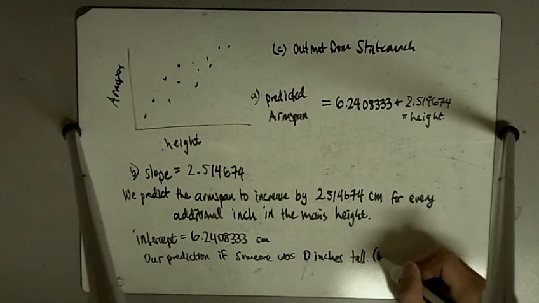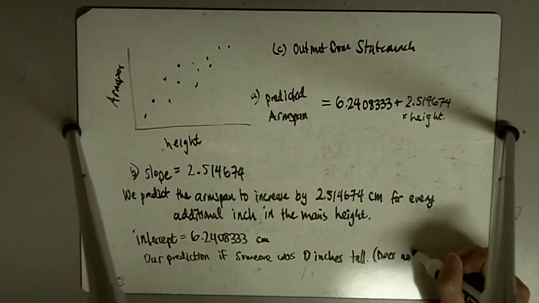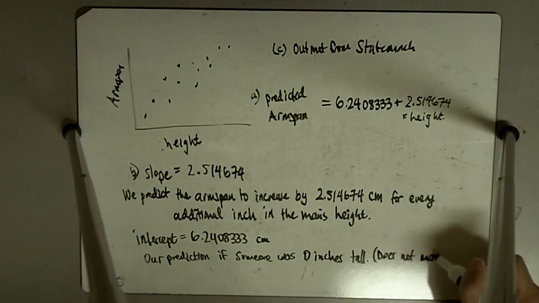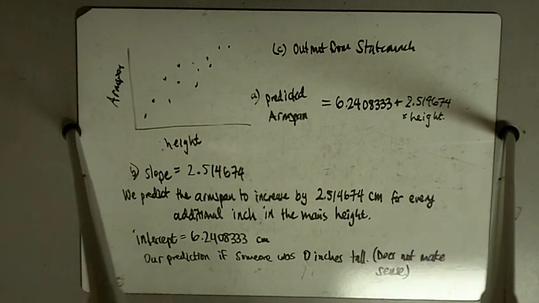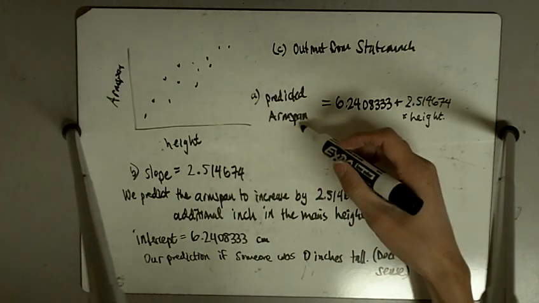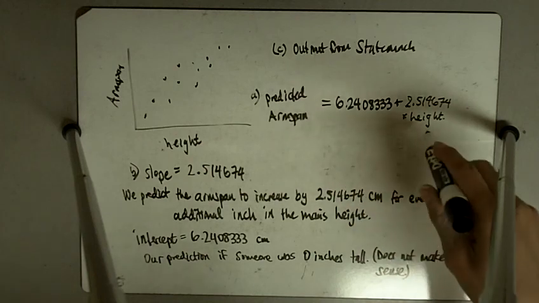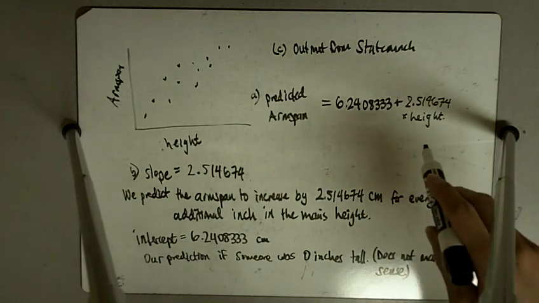That does not make sense, but that is the interpretation of the intercept. It's whatever you would predict if you plugged in 0 for your x variable.